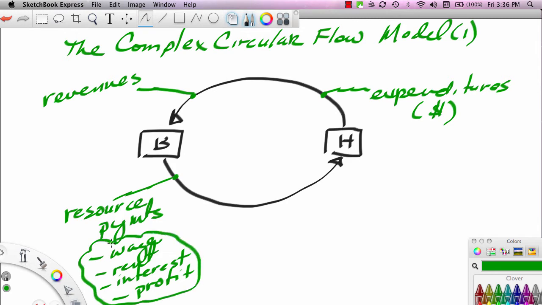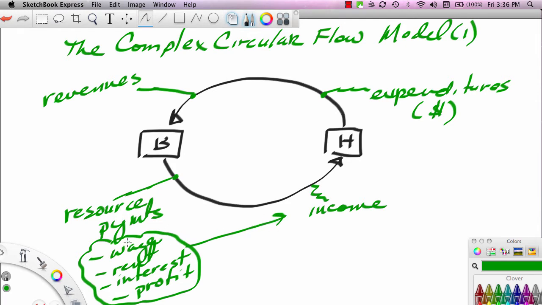So these four basic types of resource payments end up flowing over to the household sector, and they become what? They become income. So there's actually four basic types of income: wage payments, rent payments, interest payments, and profit payments.